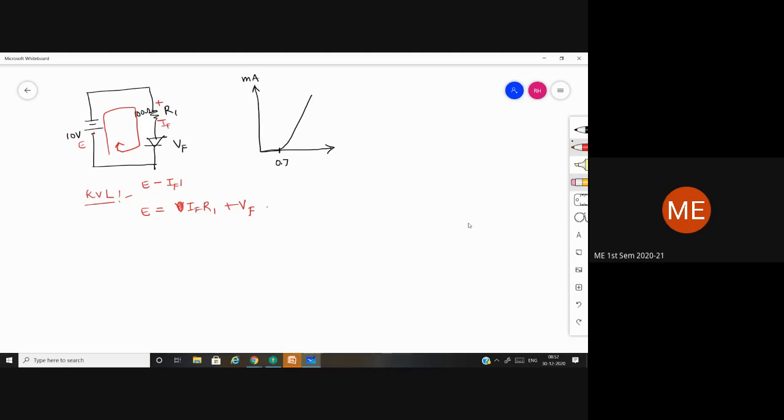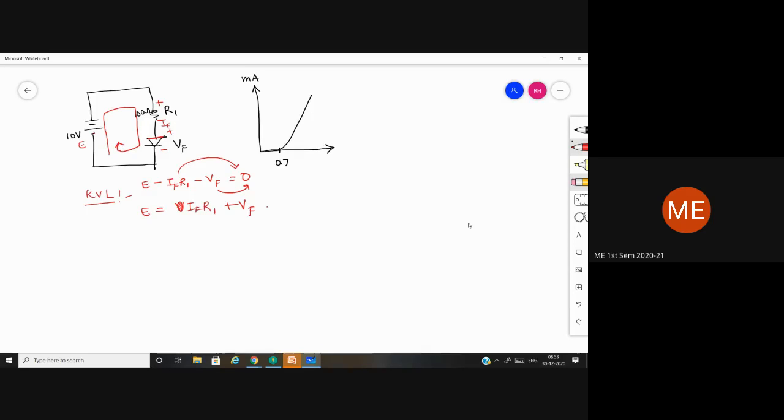So IF R1. After that, what is the polarity for this terminal of the diode? Positive, and this is negative. Plus to minus, VF. The sum is equal to 0. Shifting this to this side, we get this equation.